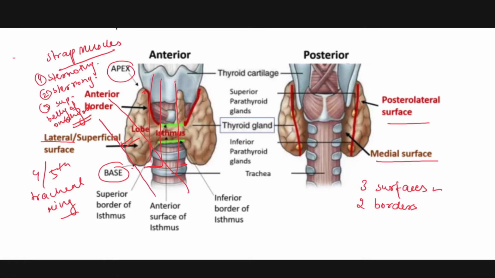Then we have the medial surface. Medial surface trachea की तरफ होगा. The medial surface is related to the trachea and esophagus. So this is the trachea and esophagus भी इसके अंदर होगा, and inferior constrictor and cricothyroid muscle, क्योंकि inferior constrictor किसकी muscle है?